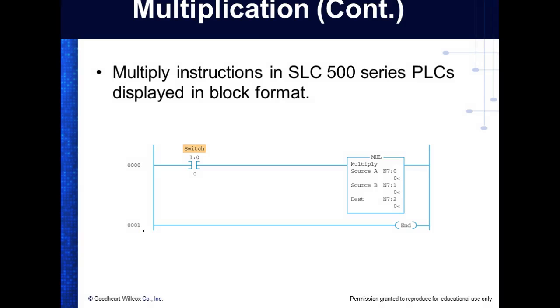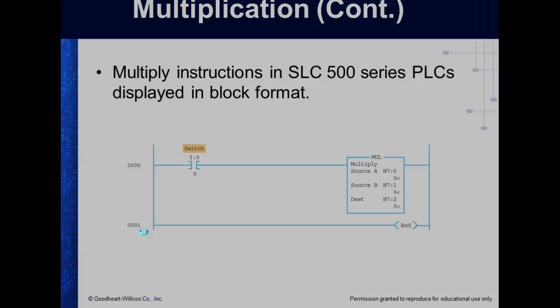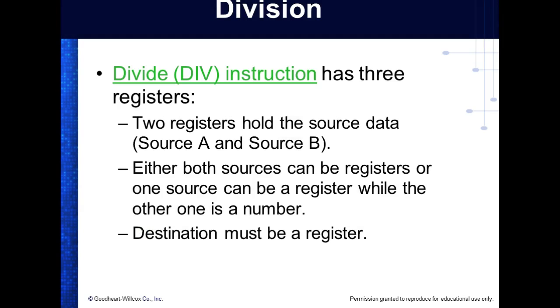So this is multiply. Exact same format as the what? The add. The same format as the subtract. The same format as the multiply, right? Same format as divide, if you went over division. 2 registers hold the source data, register A, register B. Either can be a register or both can be registers, or one can be a number and one a register.